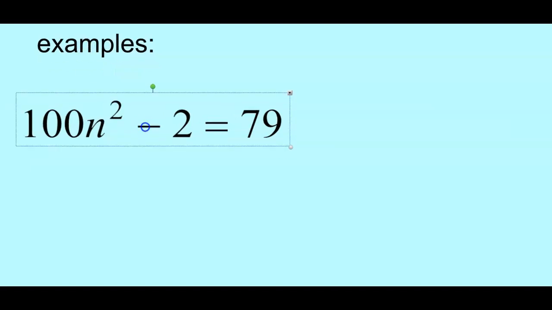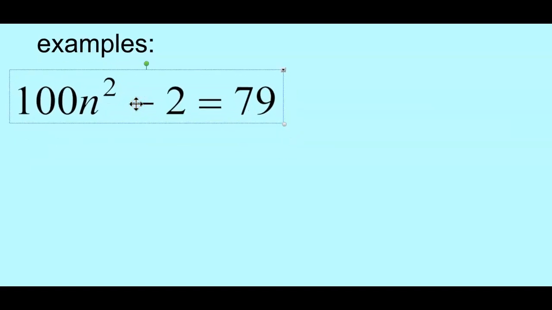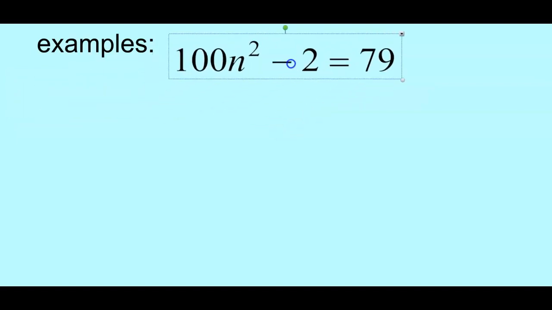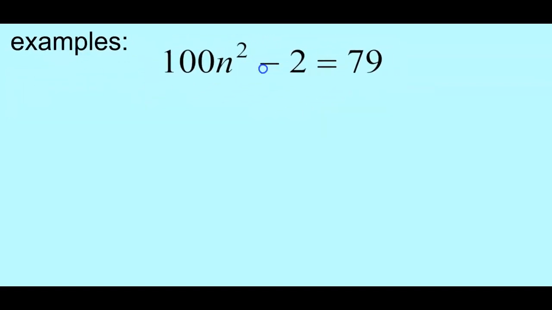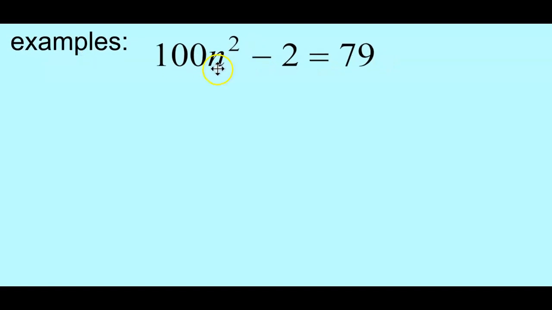Here's our first example. If you look back, the first step for this is to isolate the variable that's being squared. So I need to get this n squared all by itself. The first thing I'm going to do is add 2 to both sides.